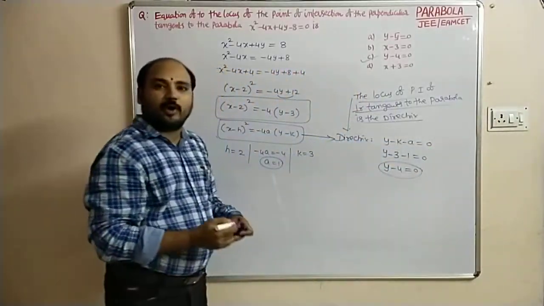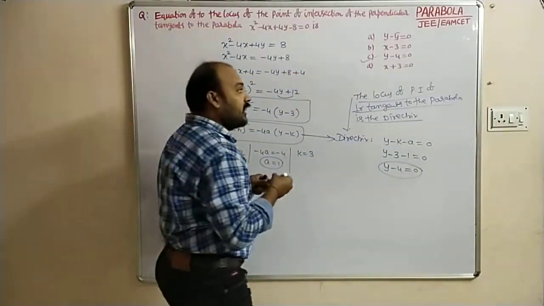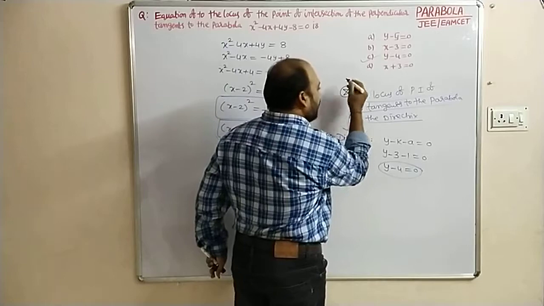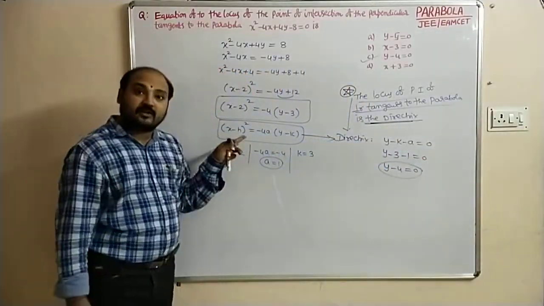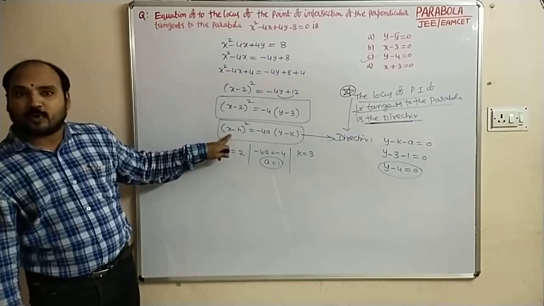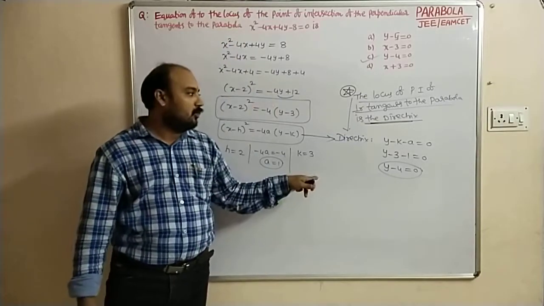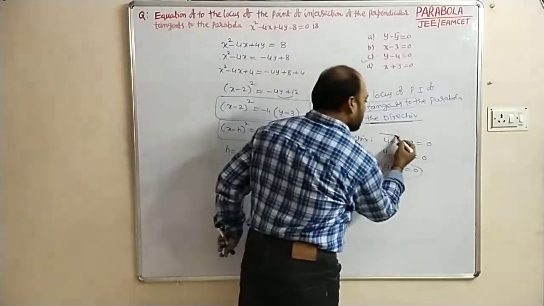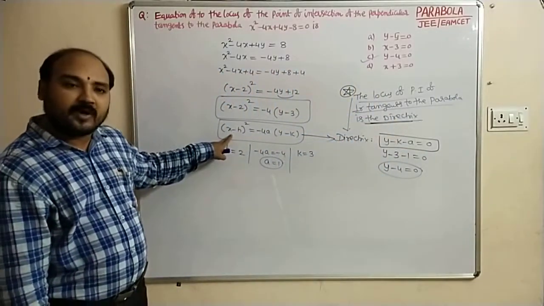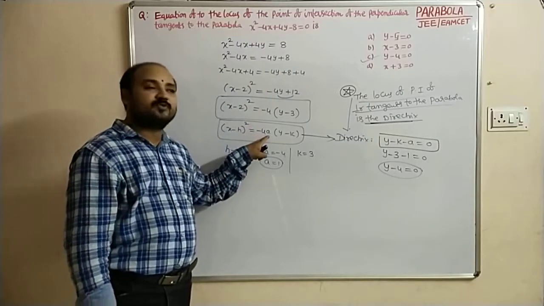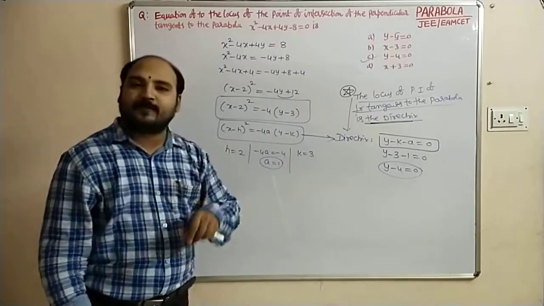The locus of point of intersection of perpendicular tangents is equal to the directrix. That is the reason we have calculated the directrix equation for the given equation of parabola. y minus k minus a equal to 0 is the directrix equation for the parabola x minus h whole square equal to minus 4a into y minus k.